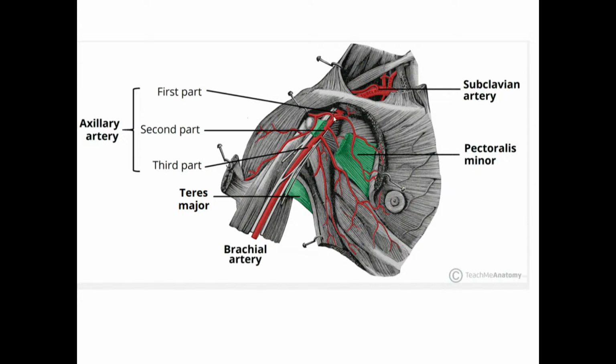The first part is above the pectoralis minor. Then beneath the pectoralis minor, we have the second part. And after that, we have the third part, which is below the pectoralis minor. I guess with this picture, you can easily understand and have the idea of how it is anatomically located, right?